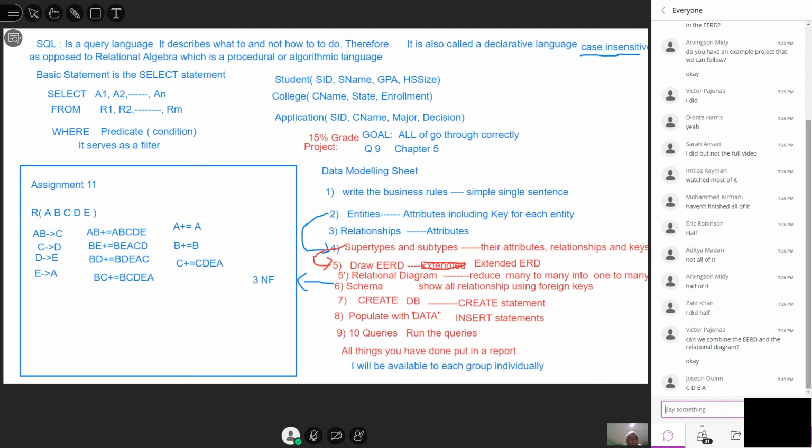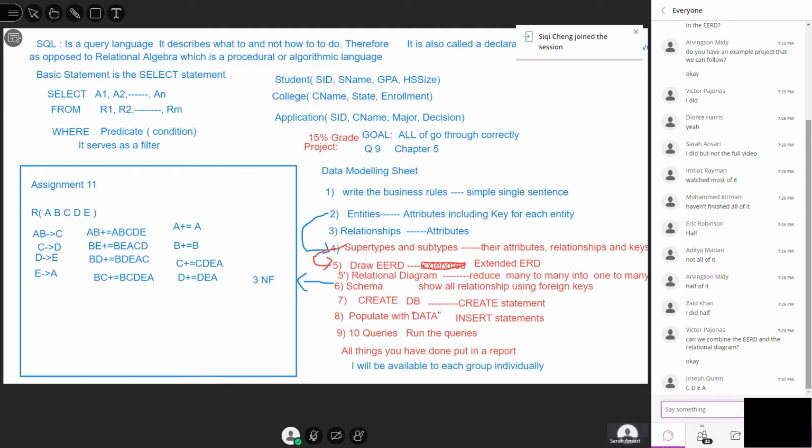It starts with D, then we get E, then A. That's it. And we forgot E. The closure of E?